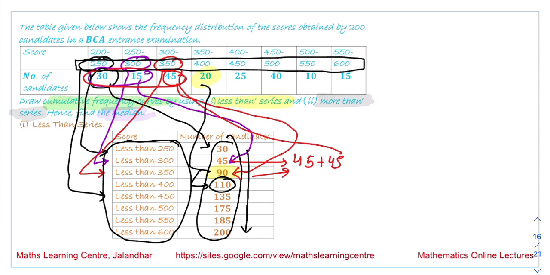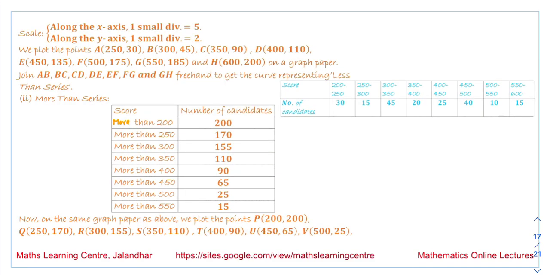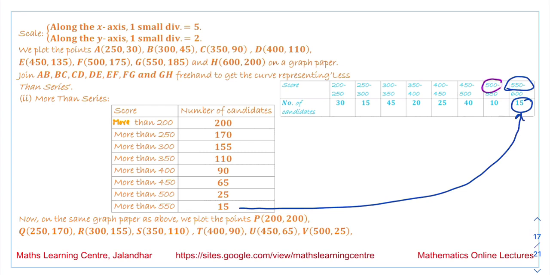Next, when we are writing the greater than type frequency distribution, we are using these values over here. How many students have marks greater than 550? It is 15. The students having marks greater than 500, it is 15 plus 10, that is equal to 25.